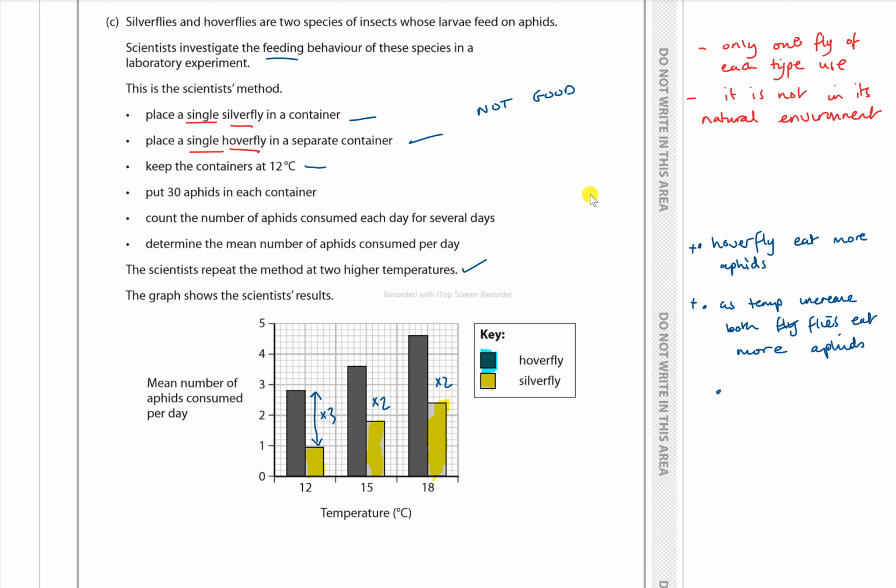Because those flies might be wary of spiders, they might be wary of birds or other predators. And we've also said this, we've only used two species of fly. Right, some others might be more effective than that, so we don't know.